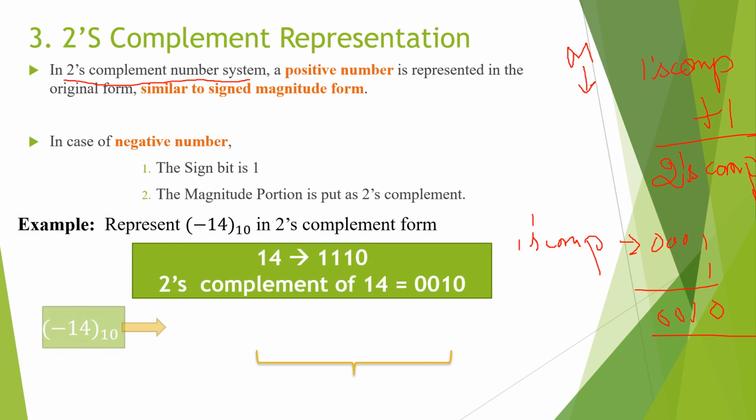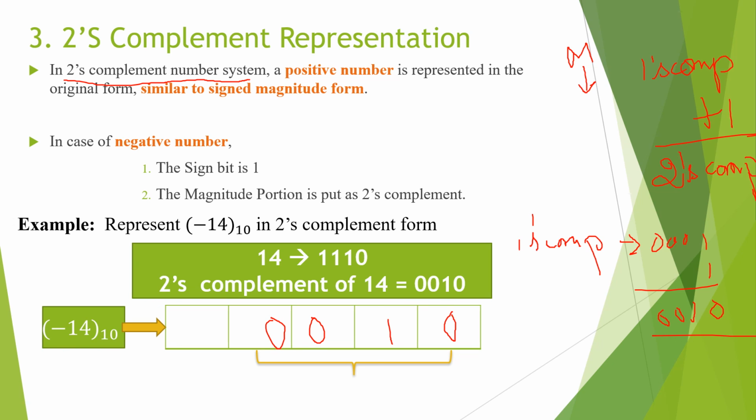Now I have to represent this in the format. 0010 is what we have taken for the magnitude, the 2's complement of 14. Then you have to add your sign bit. It is a negative value, so my sign bit will be 1.